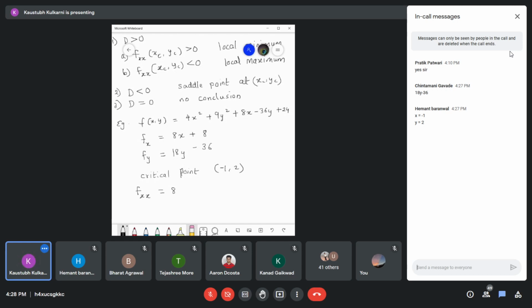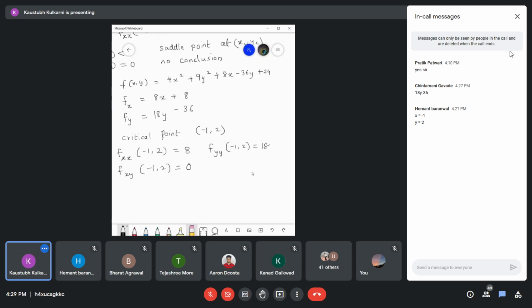Okay, f of xx at -1 comma 2 is 8. f of yy at -1 comma 2 is 18. f of xy is equal to f of yx, which is equal to 0. Okay, now calculating the determinant or D.